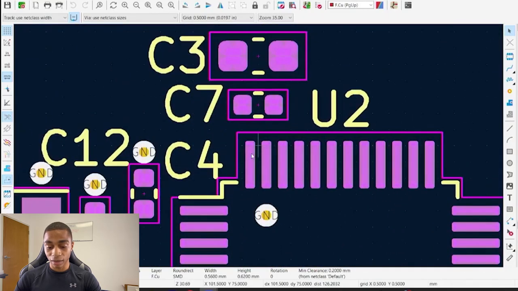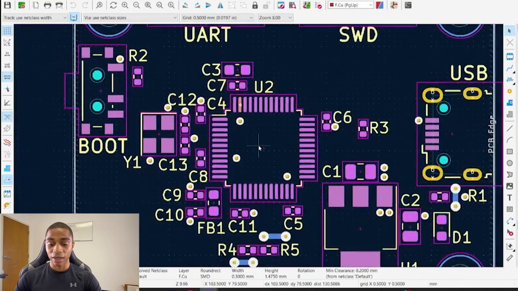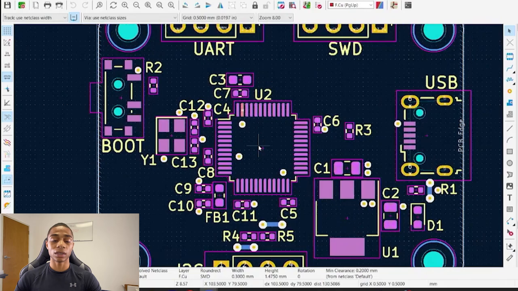So if we take a look at this, we can see that this is 3.3 volts, and this is also 3.3 volts on my capacitor, and then this is ground here, and this is also ground on my microcontroller. And it's like that for all of our decoupling capacitors, and that's because we're looking ahead to routing. We're placing everything and we're keeping routing in mind, because we want routing to be as simple and easy as possible, and we want it to flow.